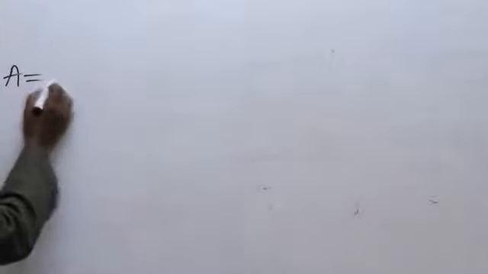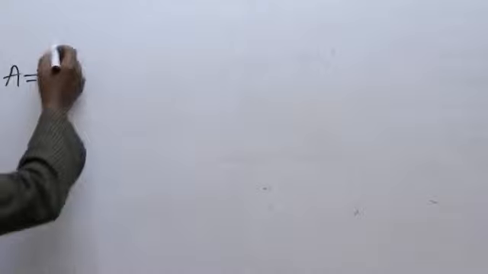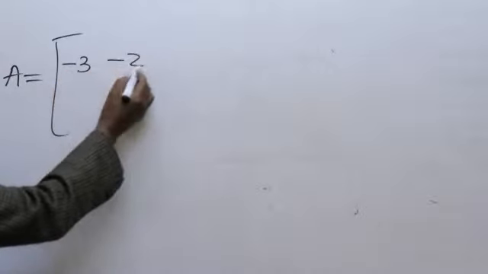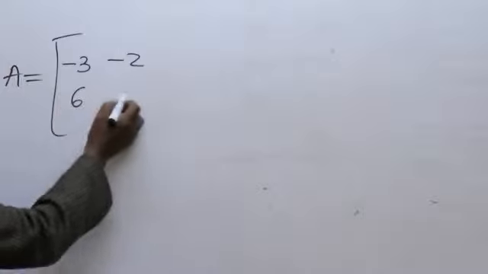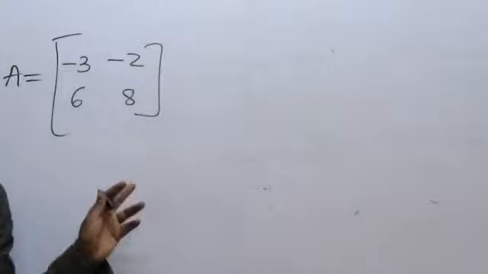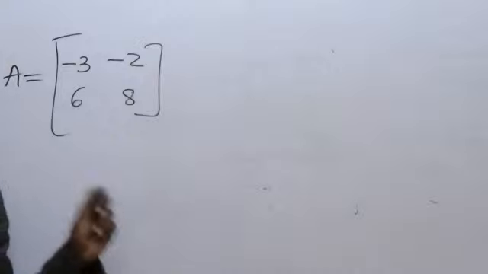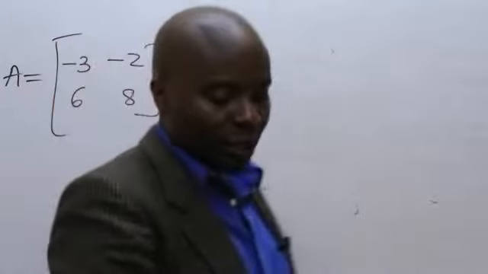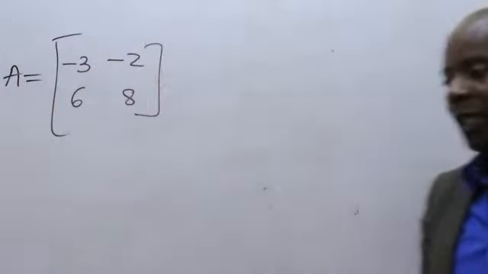If you're given A equals -3, then we have -2, then we have 6 and 8, and somebody tells you to find the inverse of this particular matrix.